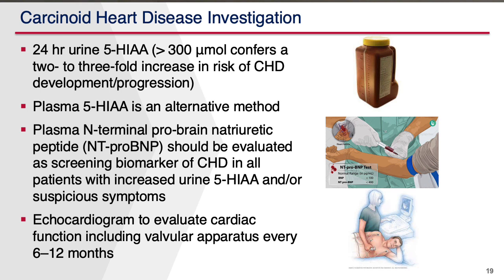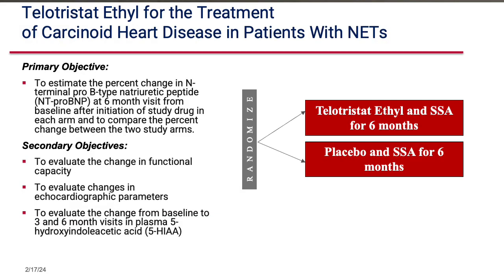The current European ENETS guidelines, Dr. Shahan mentioned earlier about the ENETS, recommend an echocardiogram every 6 to 12 months. I know that sometimes insurance may be an issue, but even an echocardiogram once a year may be indicated. There is a study. I believe the telotristat study in the States may be only open at MD Anderson, but they also wanted to understand the effect of this medication on carcinoid heart disease.